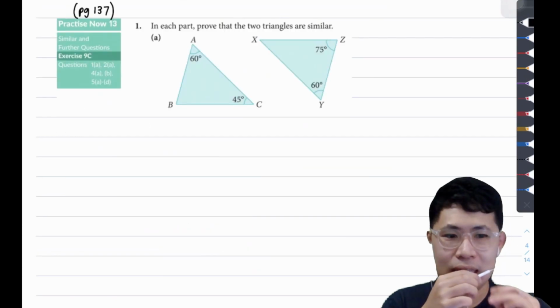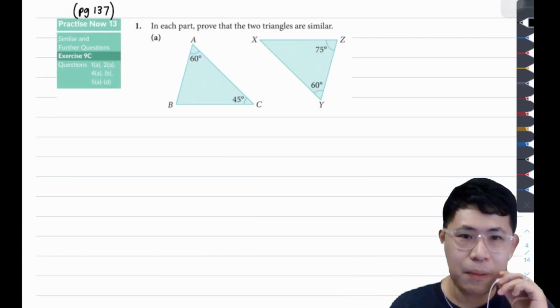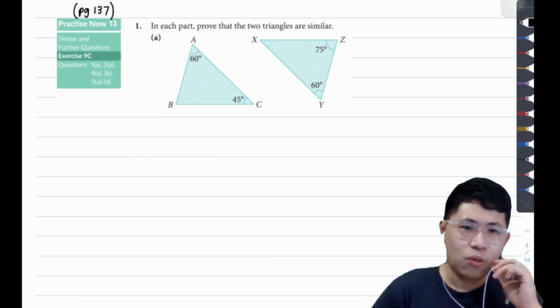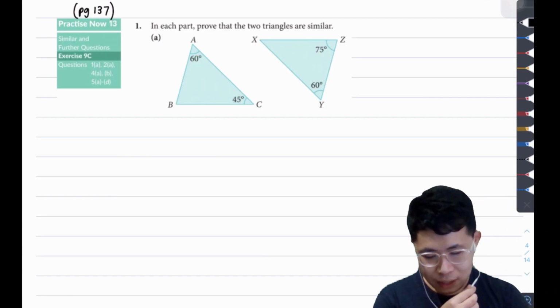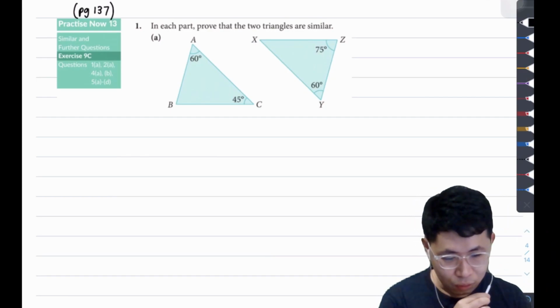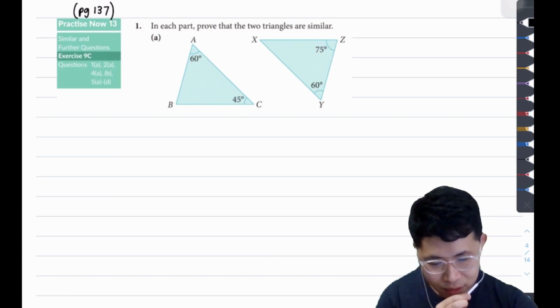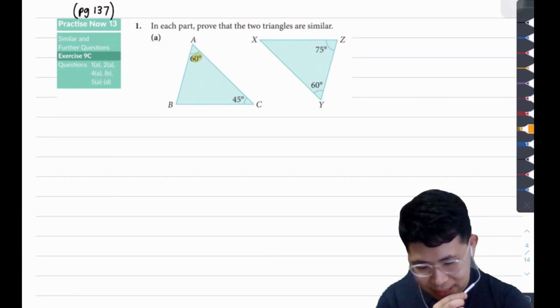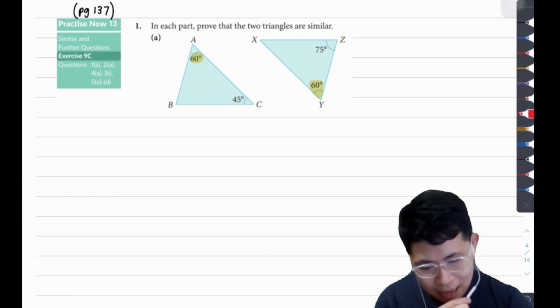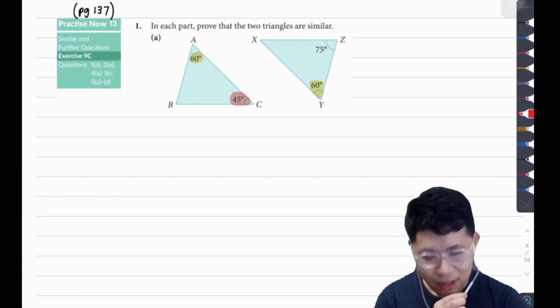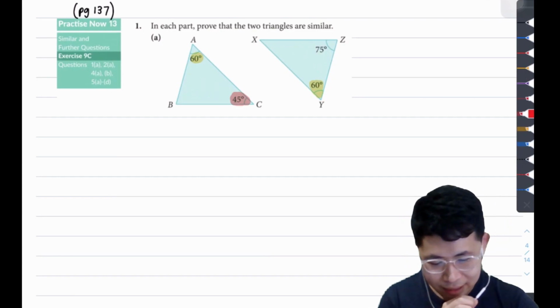Over here in Practice Now 13, on page 137, we need to prove that the two triangles are similar. Over here, we can match their angles. We have 60 degrees over here, and we have 45 degrees over here. Wait, but I don't have a 45 degree angle in the second one.